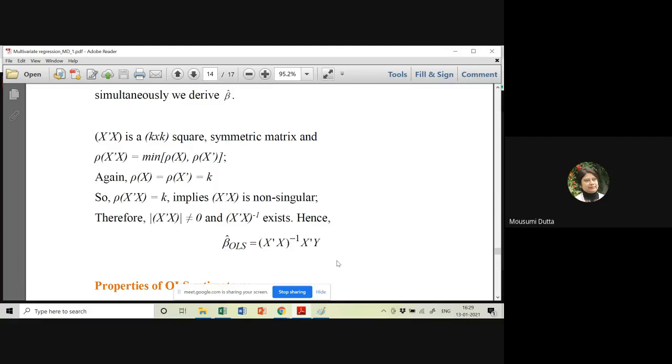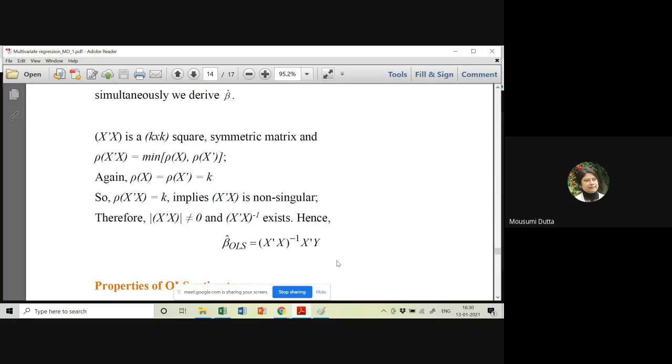Now, the beta hat you got at your undergraduate level was summation xi yi divided by summation xi square. Here you are getting a similar construct. Summation xi yi is equivalent to x prime y. In the denominator, you got summation xi square.